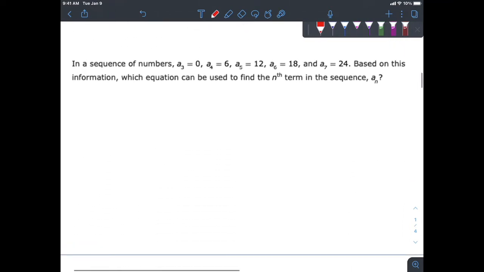Number 3, in a sequence of numbers, these are there: 3, 0, 4, 6, 5, 12, 6, 18, 7, 24. Based on this information, which equation can be used to find the nth term in the sequence? Okay, so first thing I want to do is rearrange these.